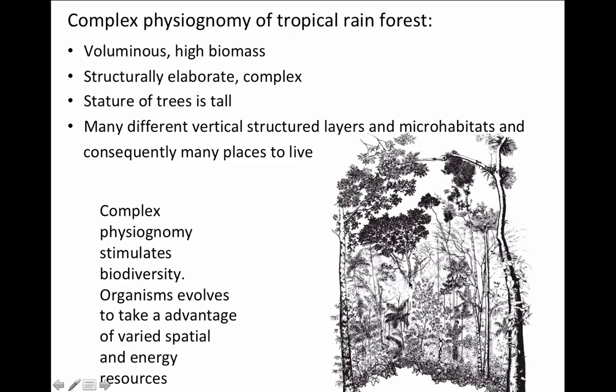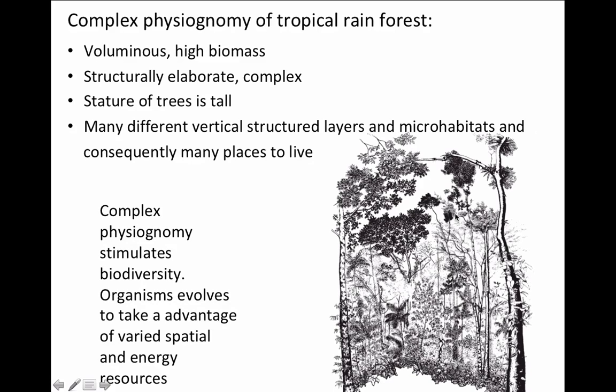We've got vines, we've got palms, we have lianas, we have canopy, we have understory. There's stuff going on in the forest floor. So there's a lot of verticalness to it, a lot of structured layers. Reminds me perhaps of Manhattan. There's a lot going on at many different levels. Same with our tropical rainforest.